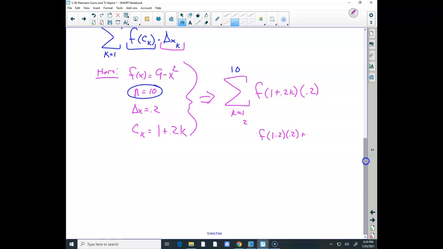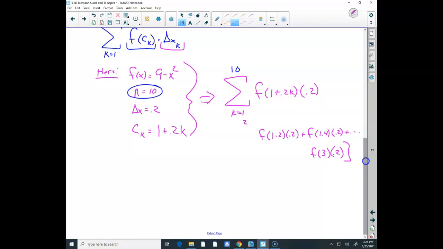Well, 0.2 times 2, that's going to give me f of 1.4 times 0.2, plus all the way through, dot, dot, dot, until I put my 10 in there. That's going to give me f of, well, 0.2 times 10 is 2, plus 1 is 3, times 0.2.